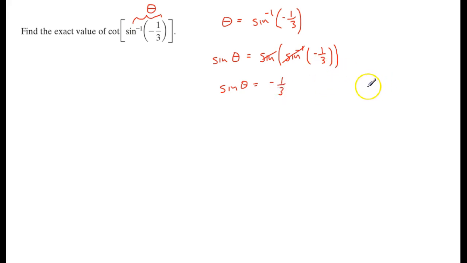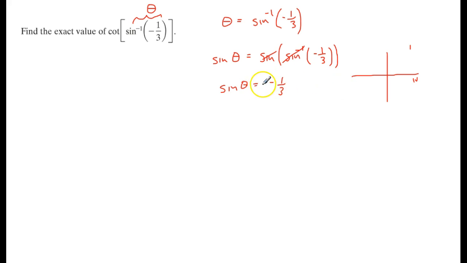So now I'm going to set up my right triangle. The arcsine of -1/3. Remember, negative and arcsine: if you're dealing with arcsine, you're either in quadrant 1 or quadrant 4. Because it's negative, I'm going to be down in quadrant 4.